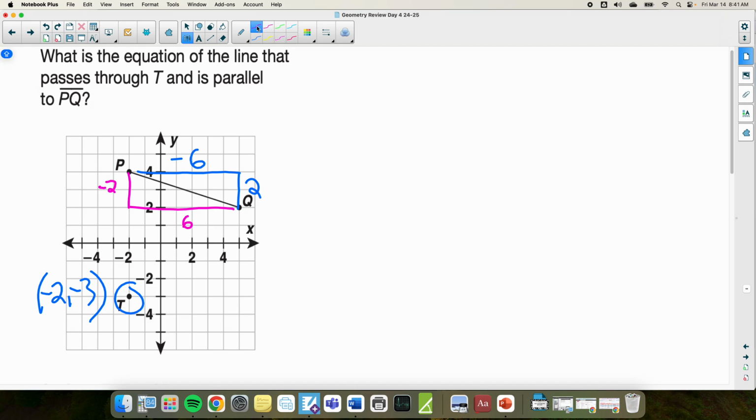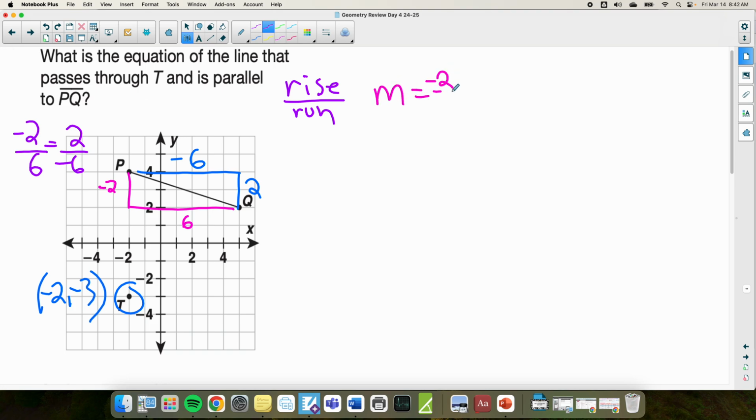Alright, so we got rise over run. And then no matter what, the rise would either be negative 2 over 6, or it'd be 2 over negative 6. So they're going to equal, so it doesn't matter what way you go, if you go over the top or over the bottom to find the slope of the line. Either way, the slope will be negative 1/3. Negative 2 over 6 is going to equal negative 1/3.